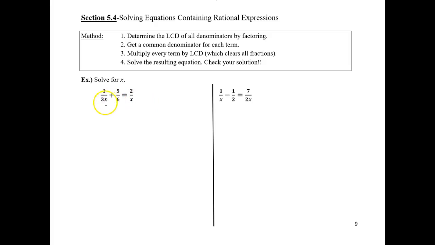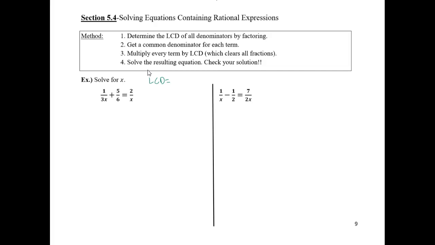So, looking at 3x, 6, and x, I need to determine the least common denominator of those three denominators. Looking at the coefficients, meaning the 3 and the 6, we want the least common multiple of 3 and 6.